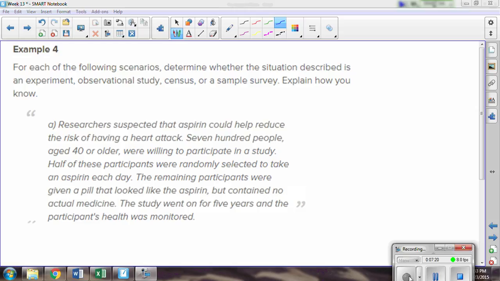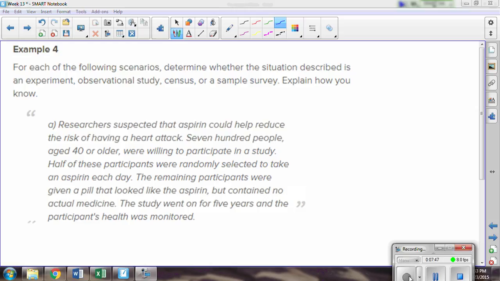Okay, researchers suspect that aspirin could help reduce the risk of having a heart attack. 700 people who are aged 40 or older are willing to participate in a study. Half of them were randomly selected to take aspirin every day. The remaining participants were given a pill that looked like aspirin but contained no actual medicine. The study went on for 5 years and the participants' health was monitored.